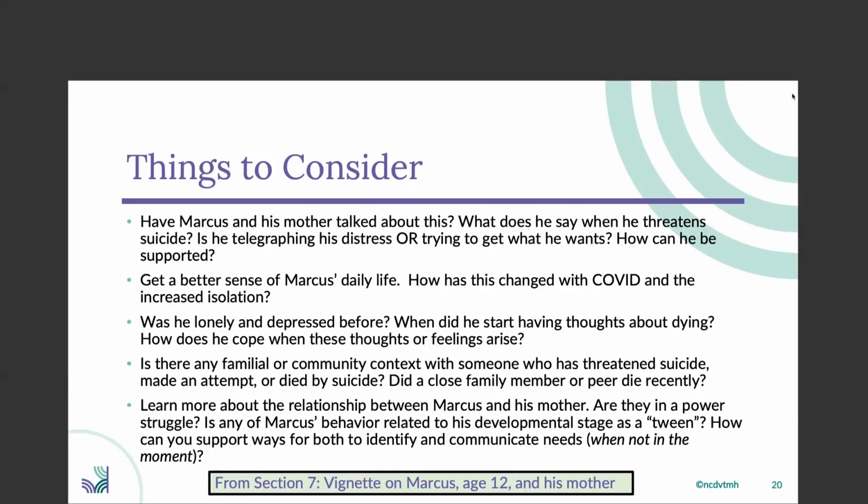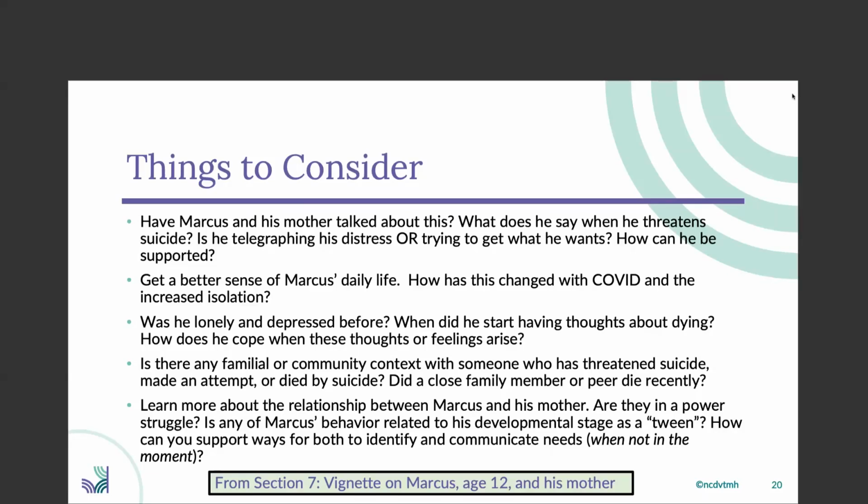And again, you'll see in this section that we have a lot of prompts and warning signs, as Jeannette was talking about. So people can review some of that. But we'd want to know more about Marcus's daily life, depending on how long we've known this family and what's been going on. And when did some of these thoughts and ideas about dying and feeling very lonely start?